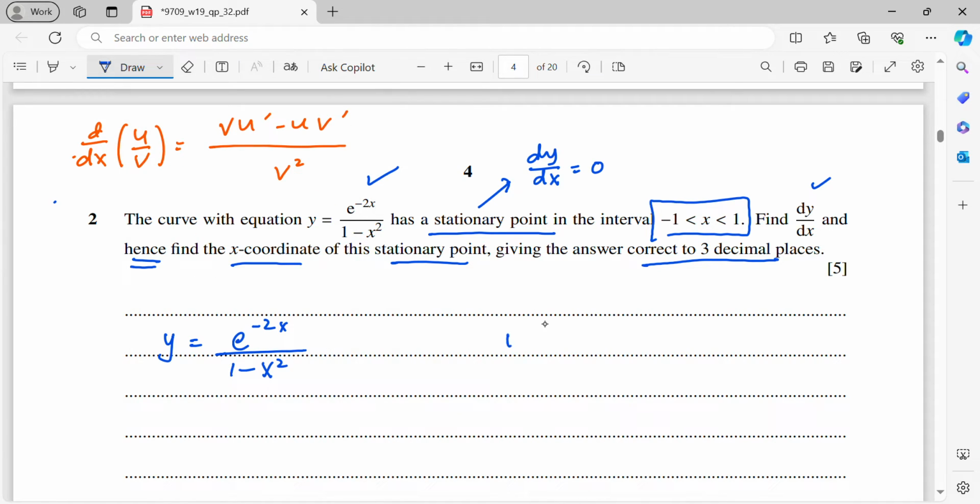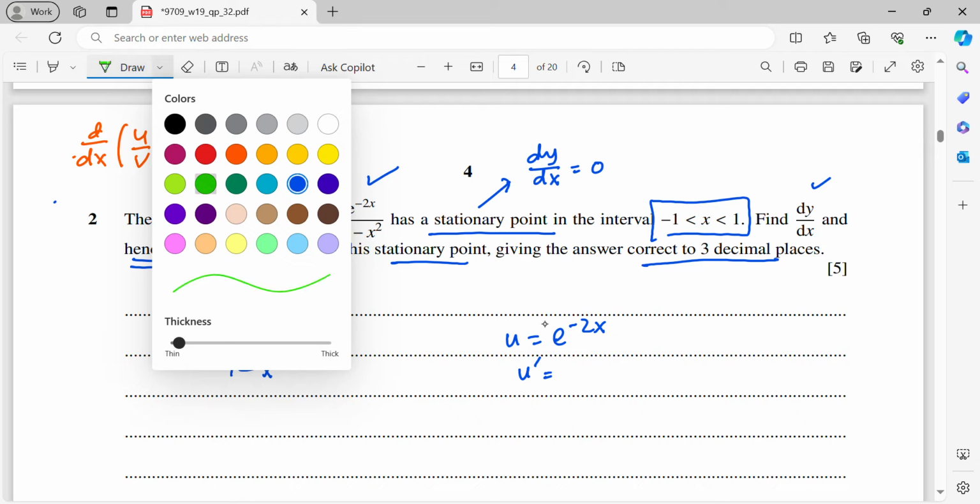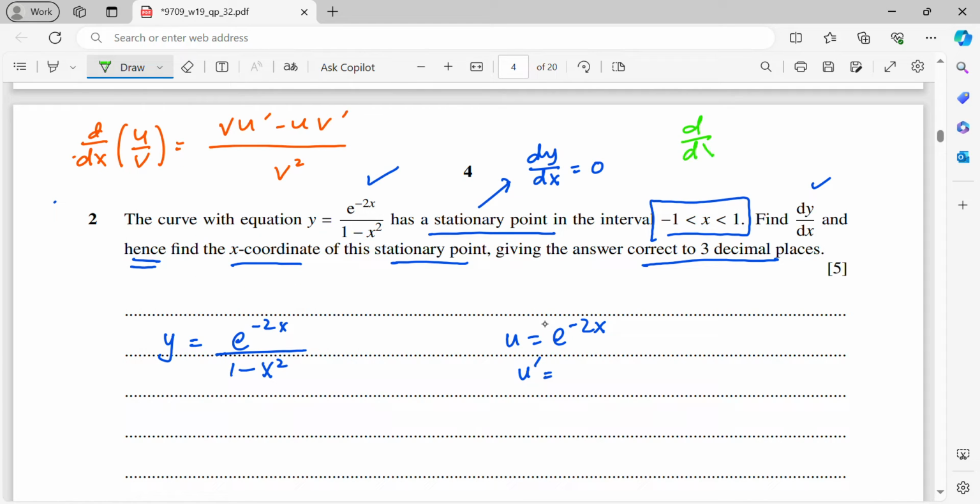So my u is basically e to the power negative 2x. Now my u prime: when you differentiate an exponential function, e to the power f(x), I will write e to the power f(x) again. So you just rewrite the whole exponential function, and now you differentiate the f(x), it will be f prime x.